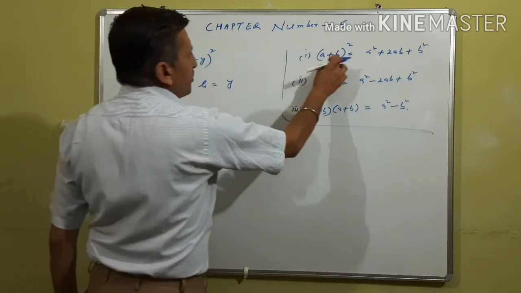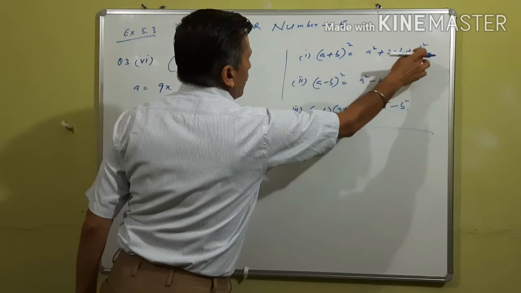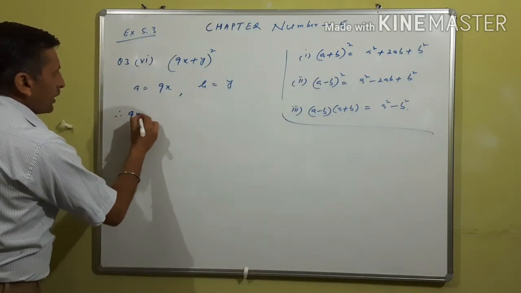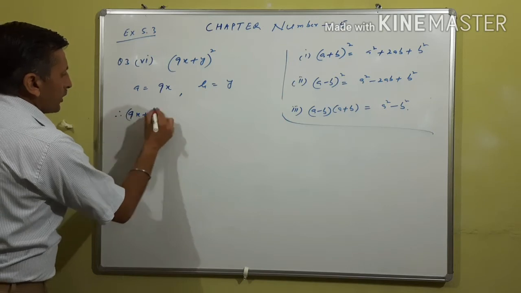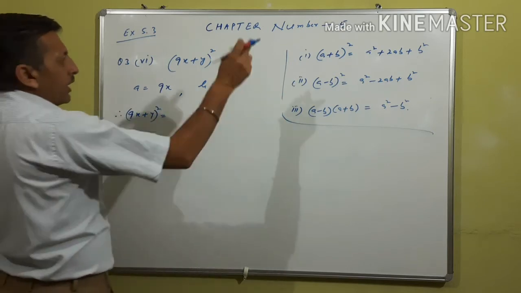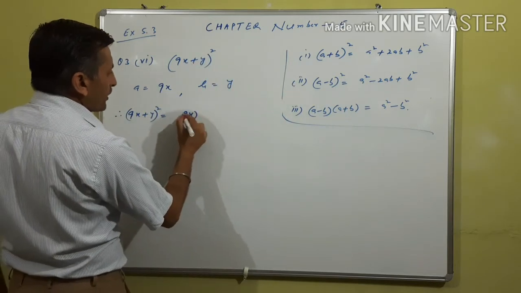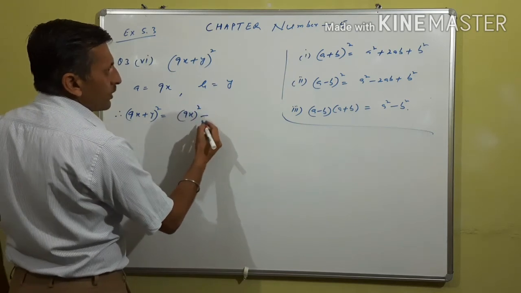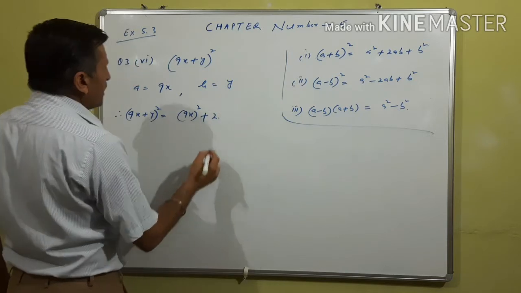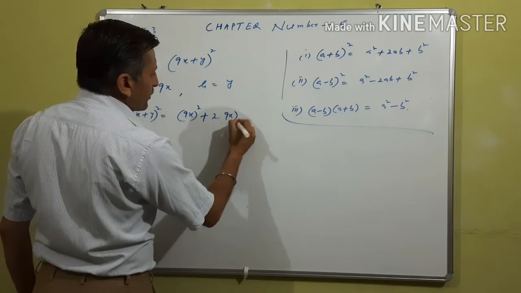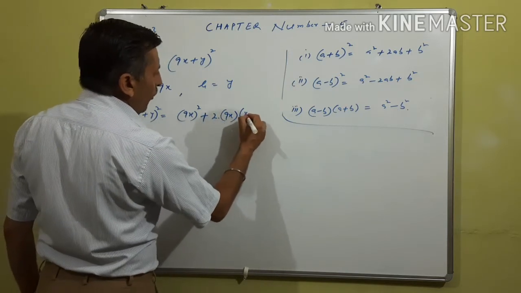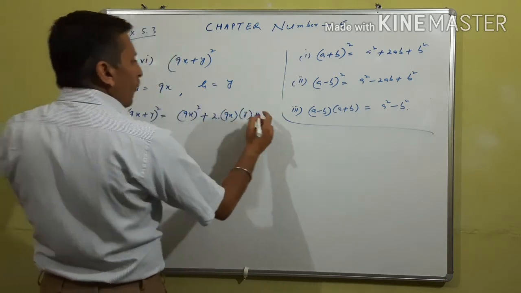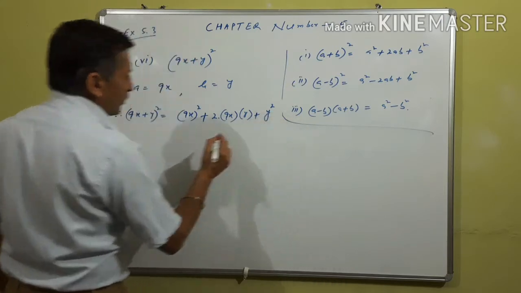We know (a plus b) whole square is equal to a square plus 2ab plus b square. So therefore (9x plus y) whole square is equal to a square, means (9x) whole square, plus 2ab, a that is equal to 9x, b that is equal to y, and then plus b square. b square means y square.